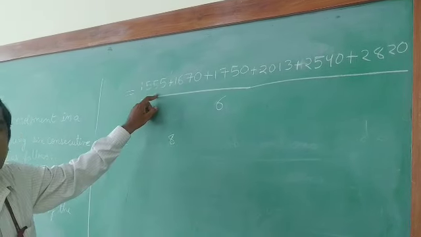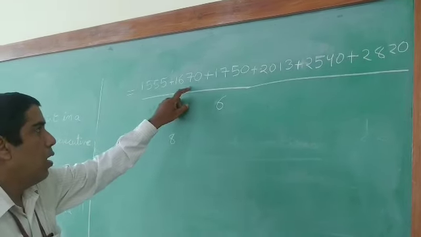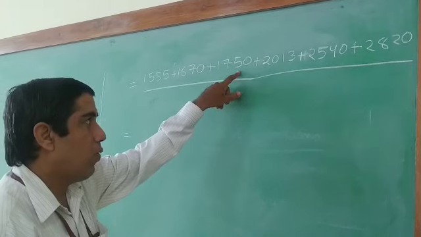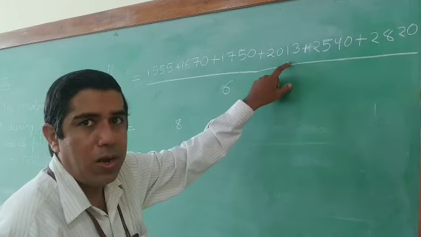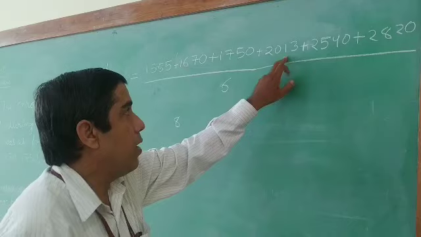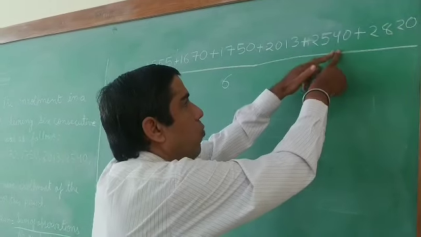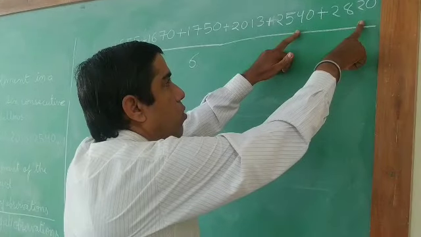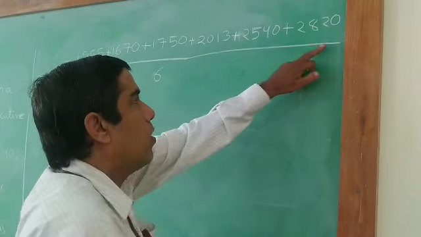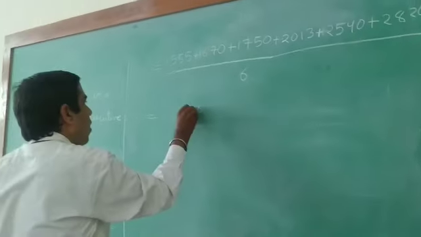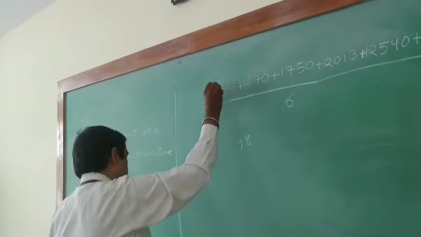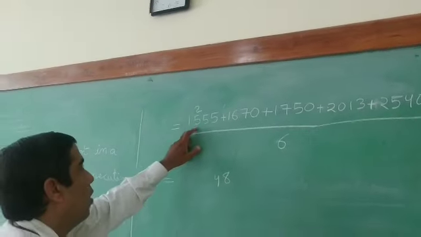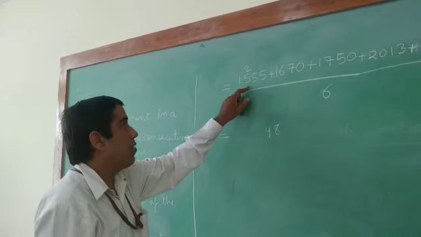It is 5. 5 plus 7, 12. 12 plus 5, 17. 17 plus 1, 18. Now here it is 4. 18 plus 4, 22. 22 plus 2, it is 24. So 4 comes here and 2 will come here. Right?